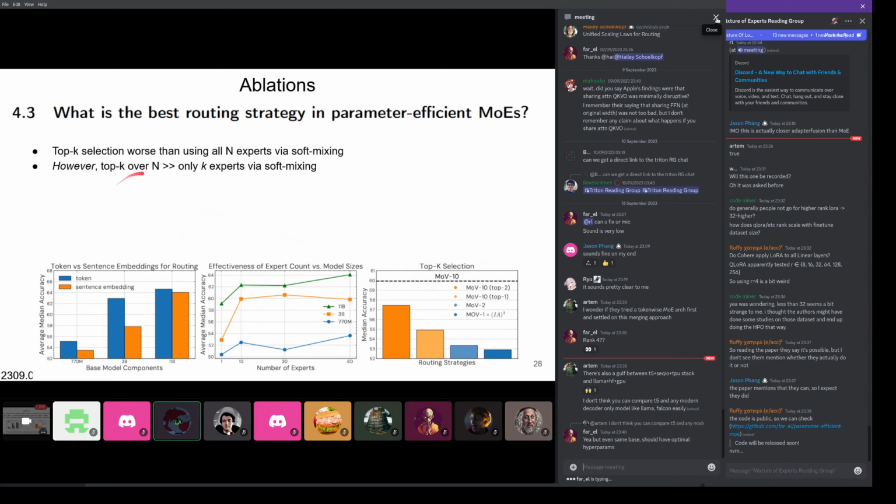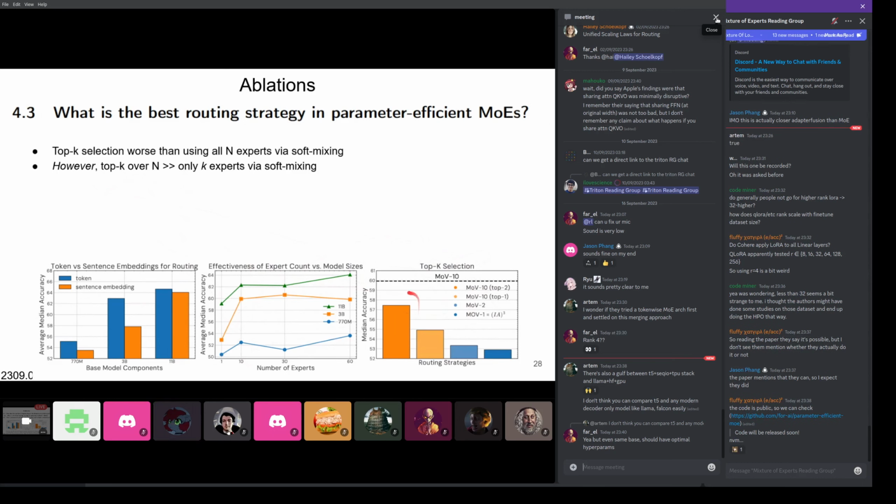But what they also do find is that if you have n experts and you top K select k of them, it will perform better than only having k experts to soft mix together, which this is the soft mixing of 2, and this is the k selection of 2 experts over 10.